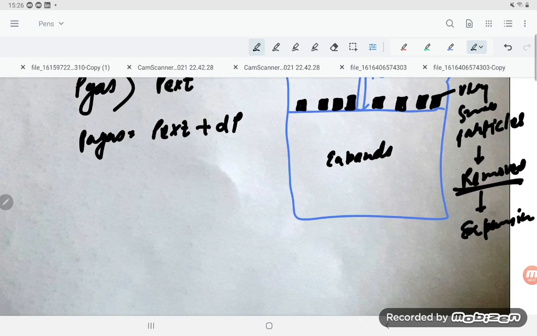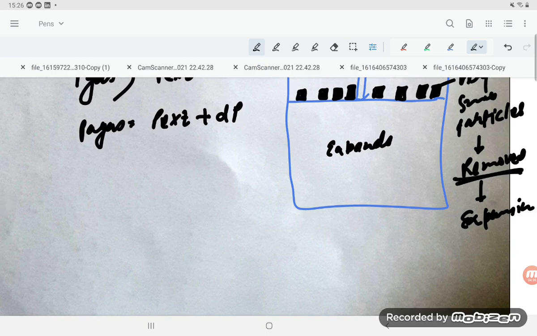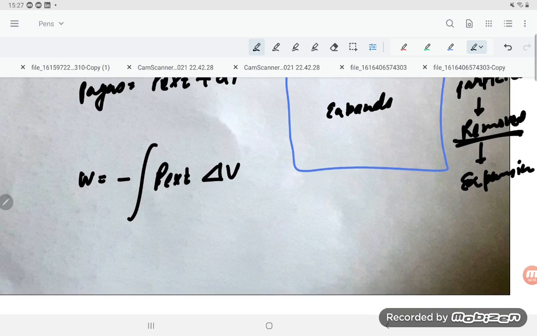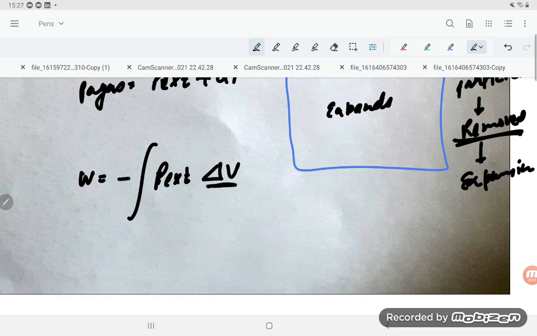Now we are going to apply integration. So W is equal to minus P external delta V. This is not delta V, it is dV, so we need this in terms of dV so that we can integrate.